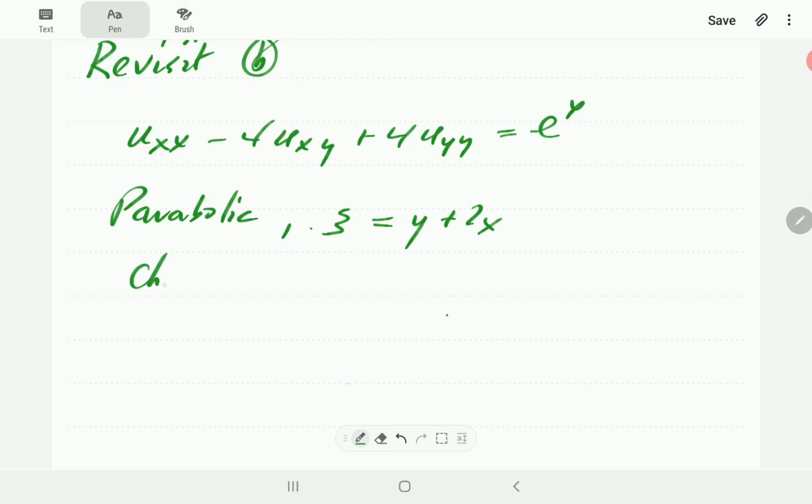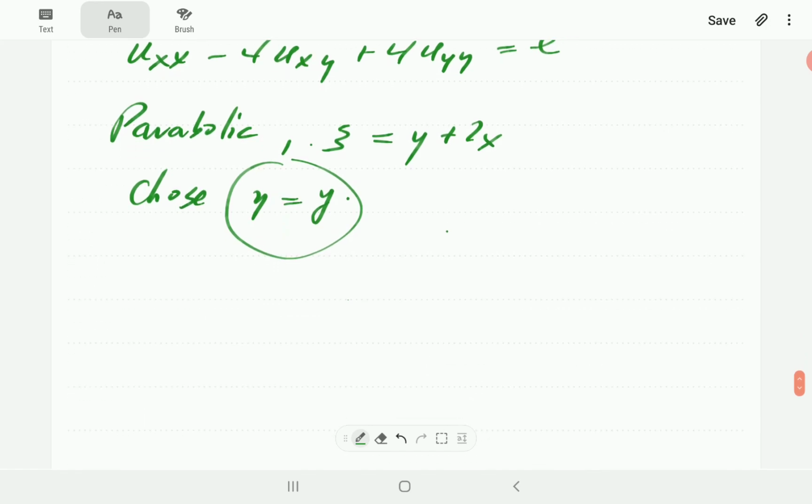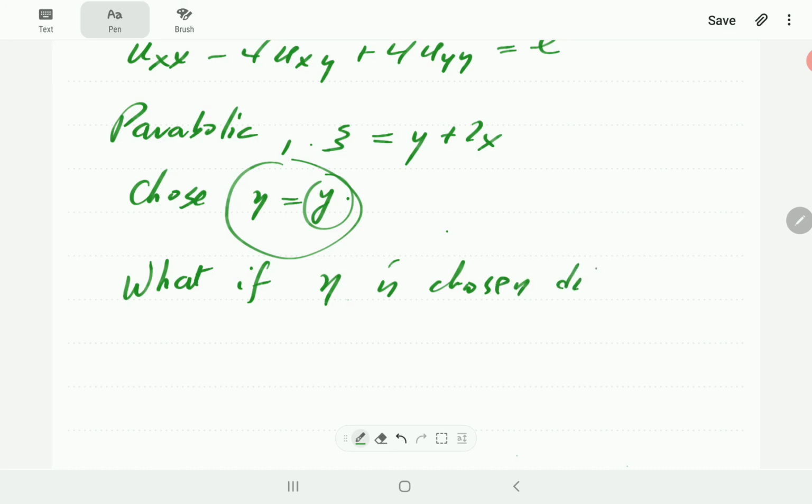Then we chose eta to be equal to y, and we worked it out. We said this can be chosen to be anything so long as the Jacobian is different from 0. Well, a question could be, what if we choose a different function from y? What if eta is chosen differently? So in part 5 of this video series, we're going to answer this question.